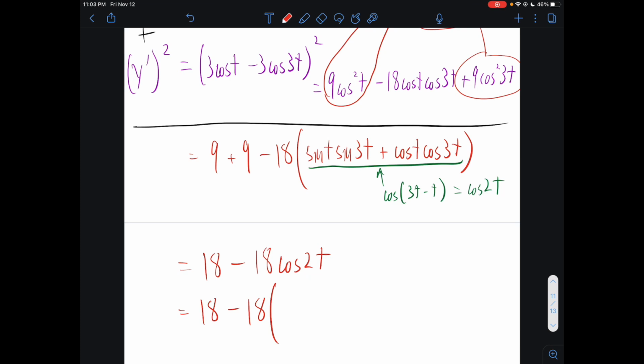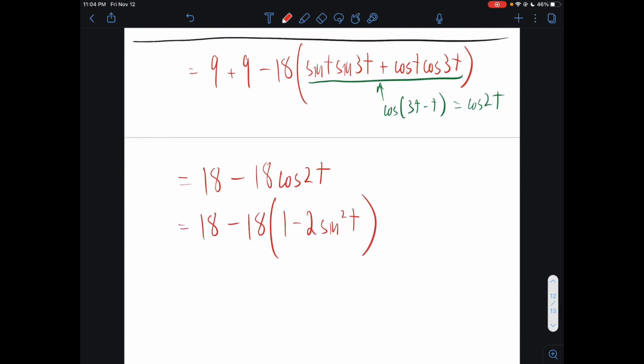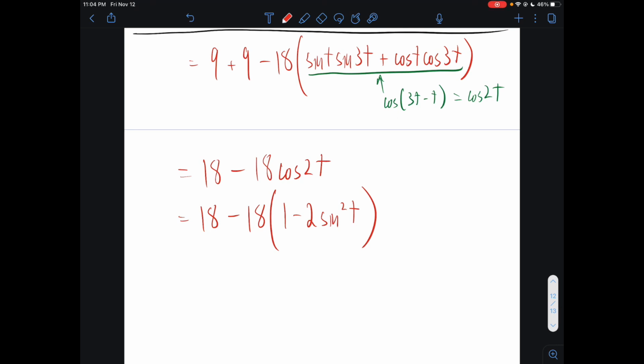Cosine of 2t, you might recall, is 1 minus 2 sine squared t. And so when I distribute my 18s, that whole expression underneath the square root becomes 36 sine squared t.